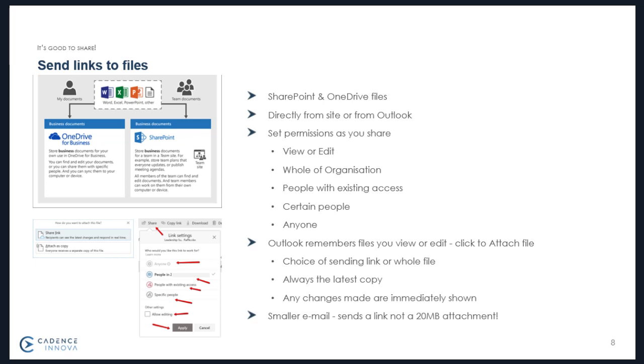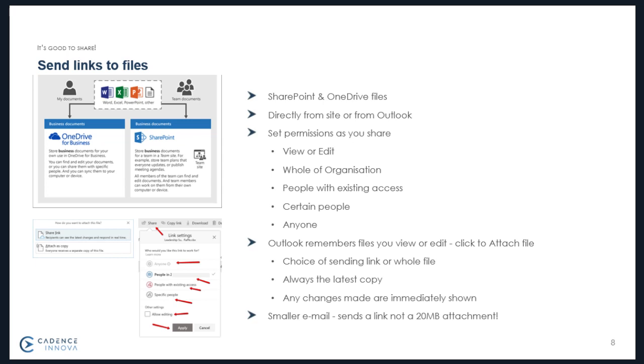So you can highlight or tick a file, choose share, and you can choose to then share it however you want to share it, either with anyone directly with an anonymous link, etc. Again, as I was talking about earlier on, dependent on your organization settings. But you can also do it from Outlook. So if you go to the attach file option in Outlook, you may well see, depending again on how things have been set up for you, that you can attach a file or you can share a link to a file and then choose to set permissions as you want.